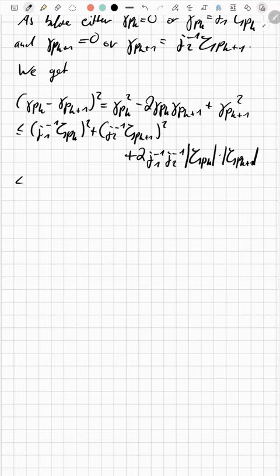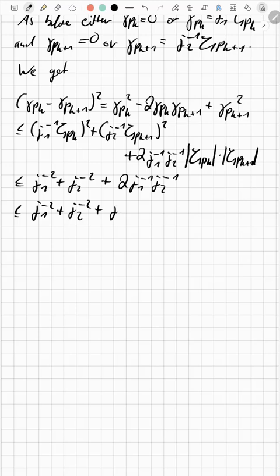So with another inequality, we can drop all of those. We get j1^(-2) plus j2^(-2). And what remains here is 2 times j1^(-1) and j2^(-1). And this is less than or equal to j1^(-2) times j2^(-2) plus j1^(-2) plus j2^(-2), which is just 2 times j1^(-2) plus 2 times j2^(-2).